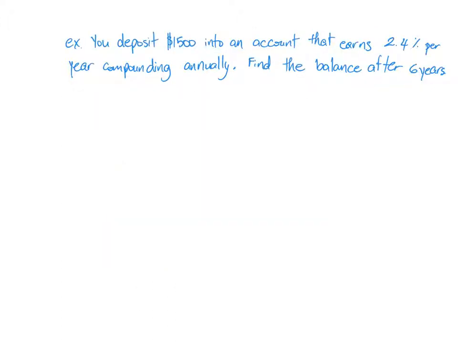Here we have an account that we deposited $1,500 into, and it earns 2.4% interest per year, compounding annually. We want to know the final balance after 6 years. Using the formula that we just wrote down, A is equal to P times (1 plus R) to the T. Let's go through our question and figure out what each thing is.